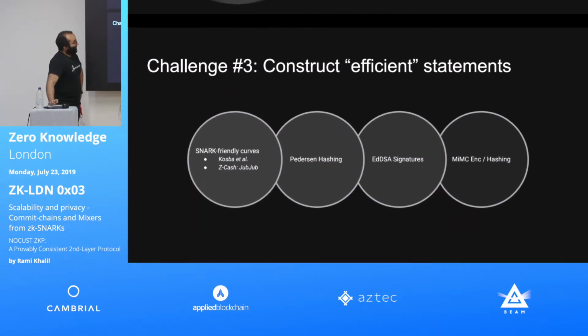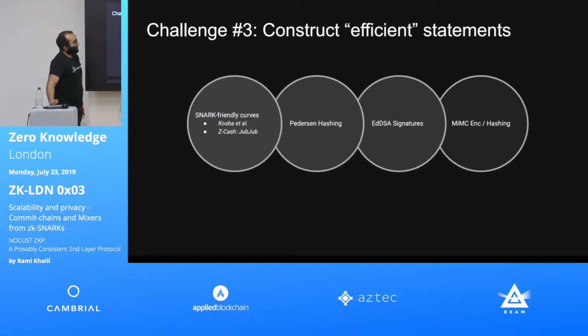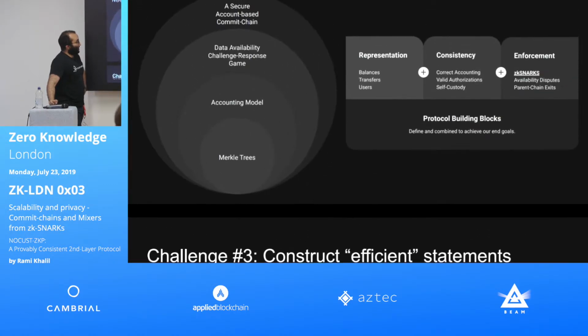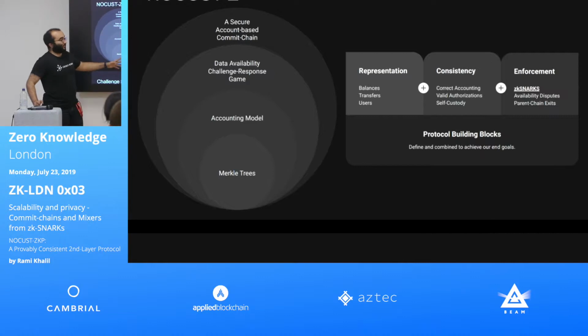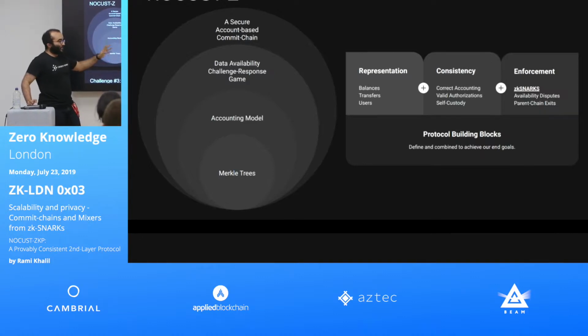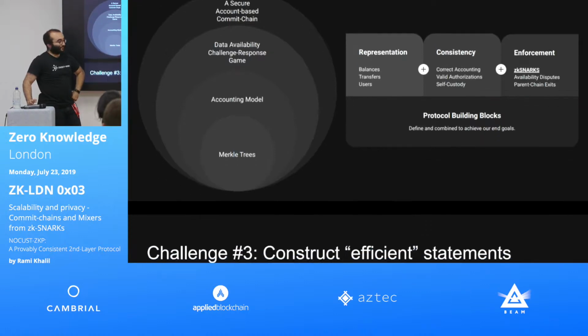What is the third challenge? Efficient statements. So your consistency rules, you might take them and express them in some very straightforward language that then boils down to a constraint system such as R1CS.